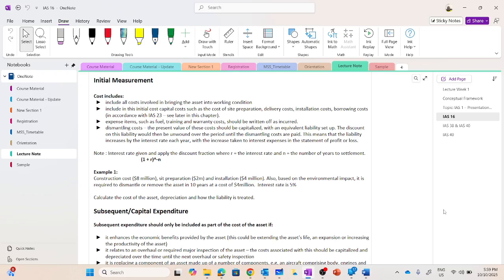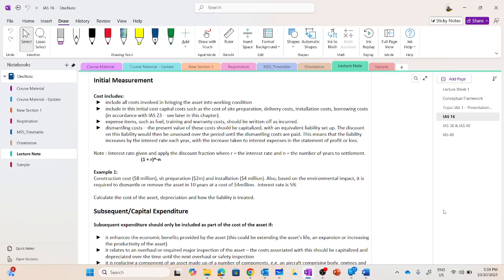Automatically, the interest we are going to pay on this loan should be capitalized as part of the cost of the asset, because the purpose why we took the loan out is to finance the specific development of this asset. So the interest we pay on an annual basis, we are going to capitalize, but we are going to look at it separately under IAS 23.